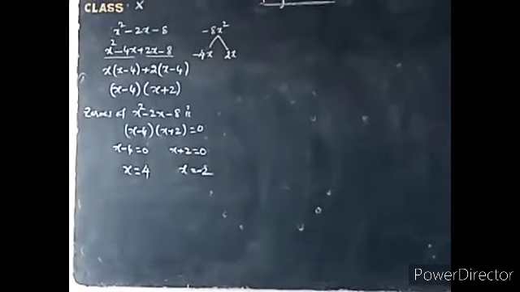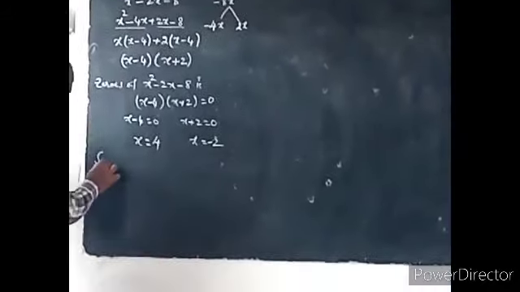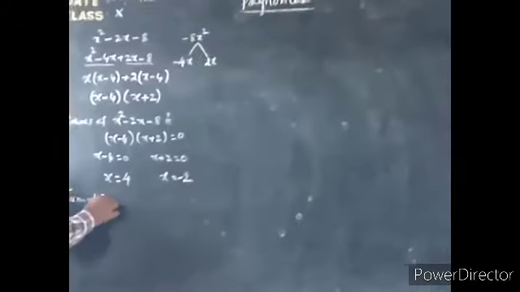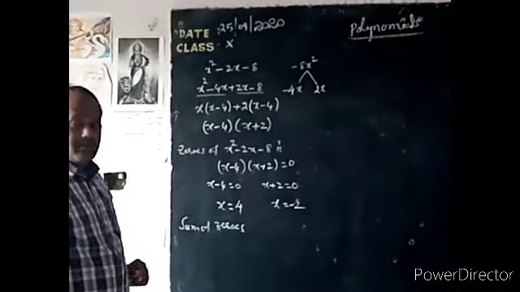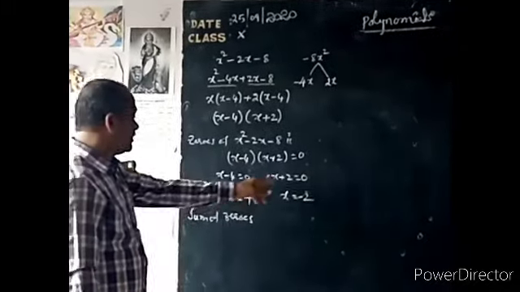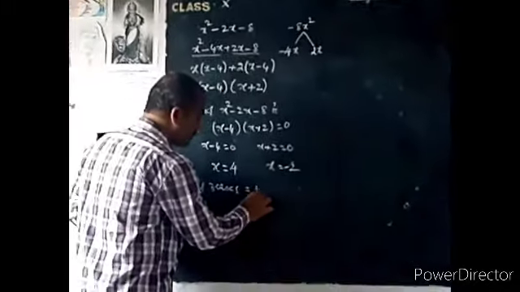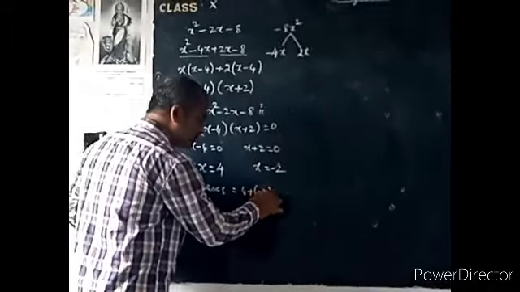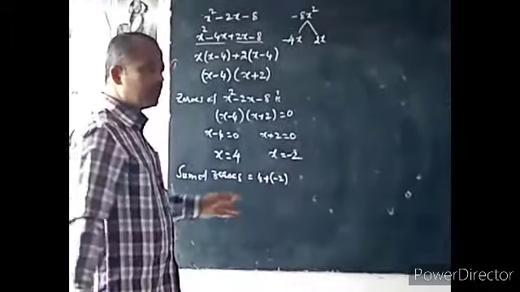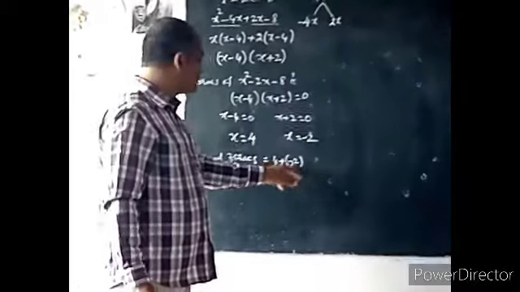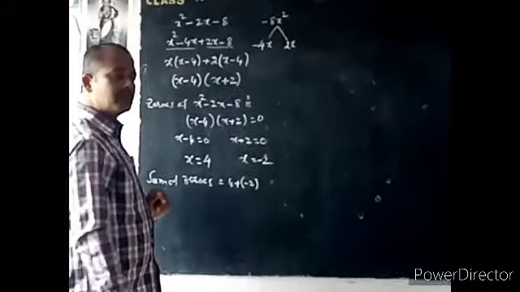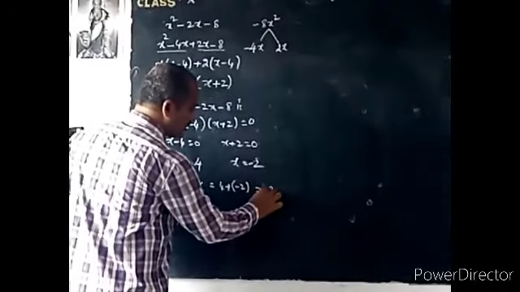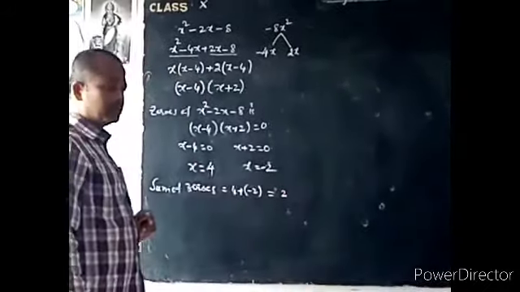4 and minus 2. Now the sum of zeros. What is the sum of zeros? Here 4 plus the next zero, minus 2. 4 plus of minus 2. Plus into minus is minus. So 4 minus 2, how much? 2. 4 minus 2 is 2.